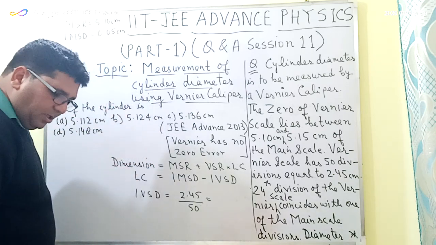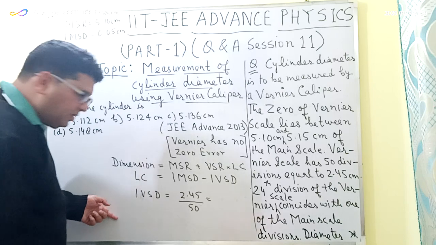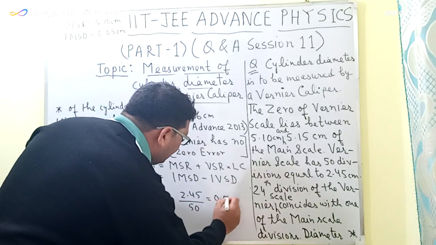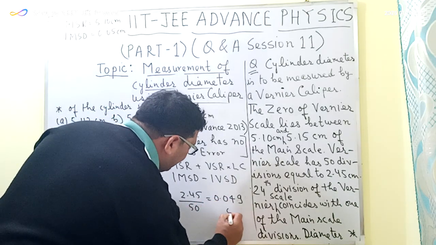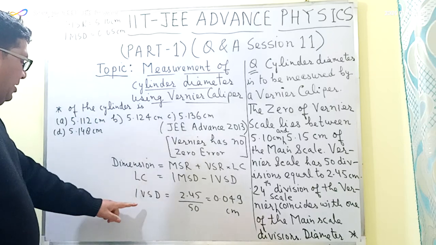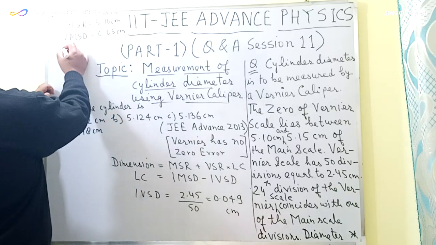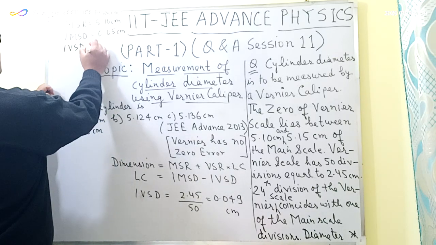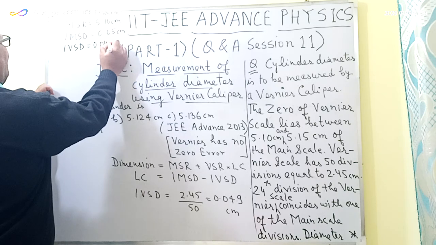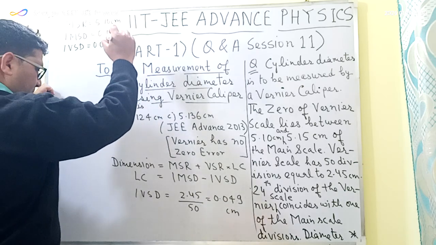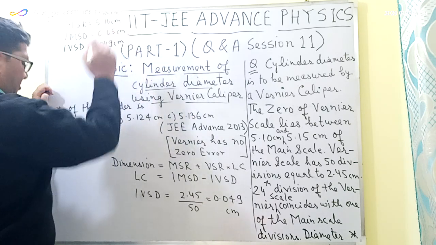So this is equal to 0.049 centimeter. So the value of one vernier scale division is equal to 0.049 centimeter.